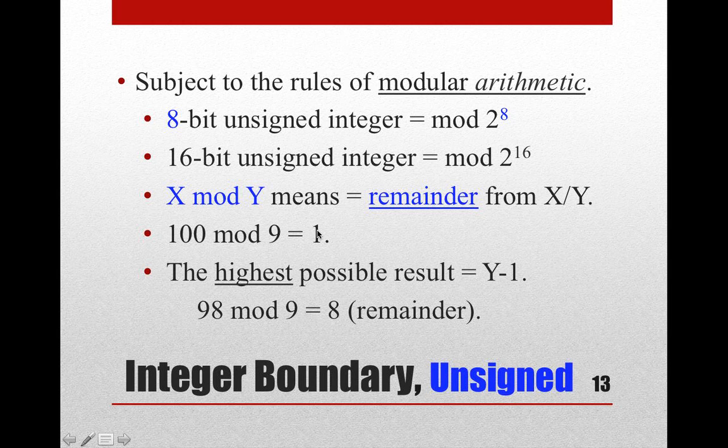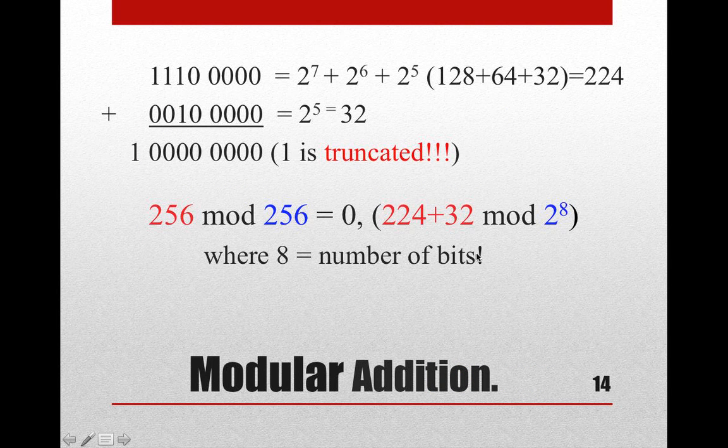Actually, we can use this one. The highest possible value you can have for this one is going to be 9 minus 1, or 8, so it can go from anywhere between 0 and 8. This is one where you have an addition and the 1 is truncated.